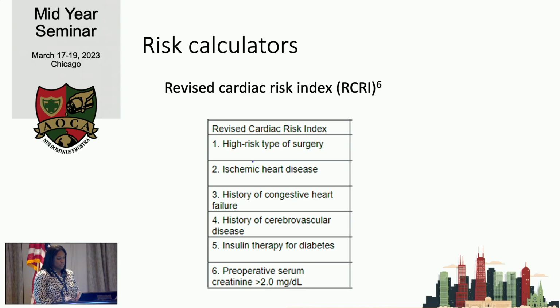So if a patient has three or more of these predicting factors, they're deemed high risk, and they may be a candidate to just consult with a cardiac anesthesiologist to go over a plan and also think about how we're going to take care of this patient during the preoperative period, intraoperatively, but also what postoperative considerations we should think about.